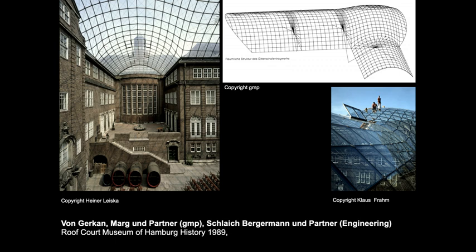Fritz Schumacher was at that time the urban planning director of Hamburg. And von Gerkan, Marg und Partner and Schlaich Bergermann and Partner as engineers, they constructed a roof to cover the inner court.